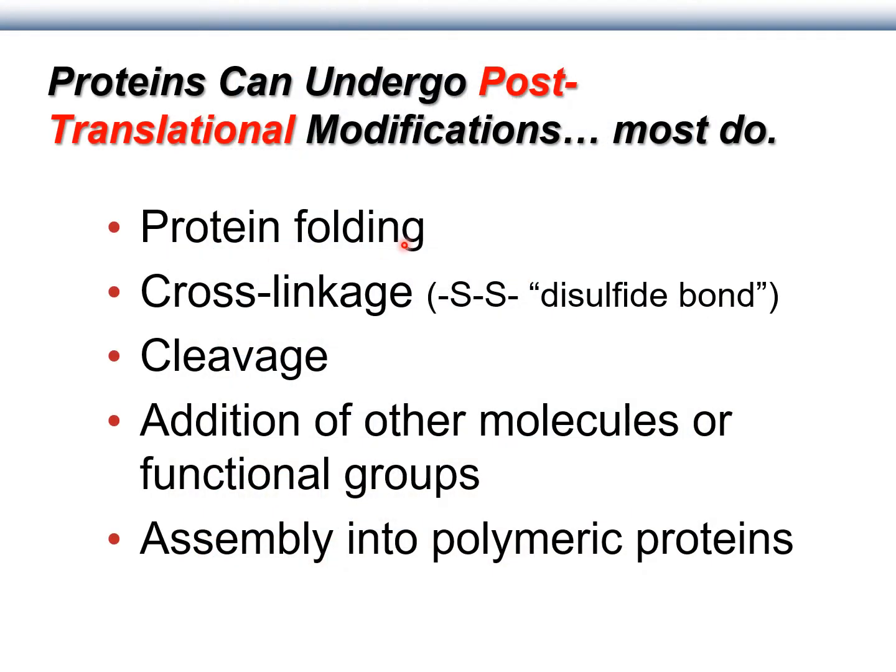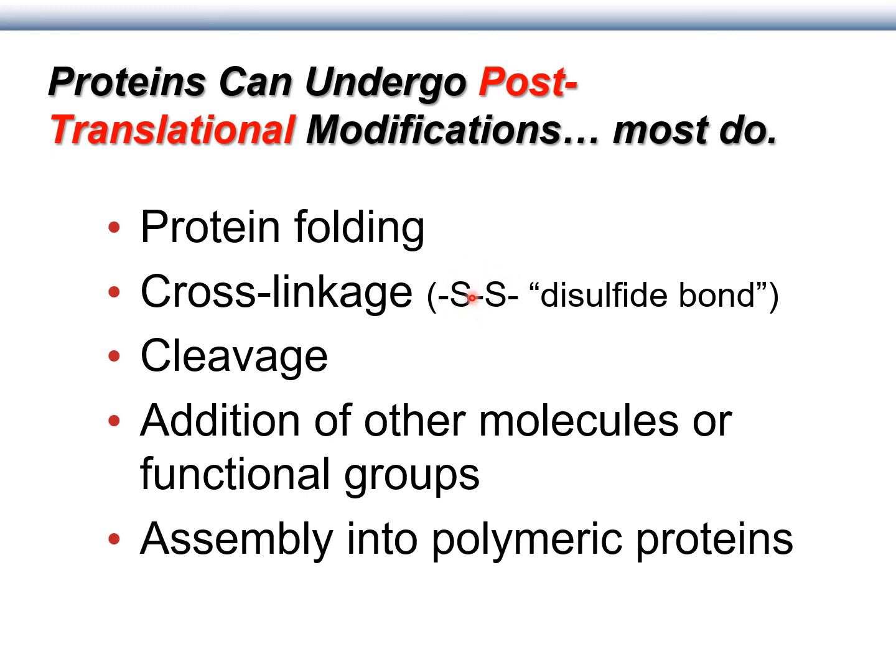So here's your list here, folding. This is like folding, but it stabilizes a fold. It's a cross-linkage. It's a covalent bond between two sulfhydryl groups. We call this a disulfide bond, and it stabilizes a given fold, a three-dimensional structure.